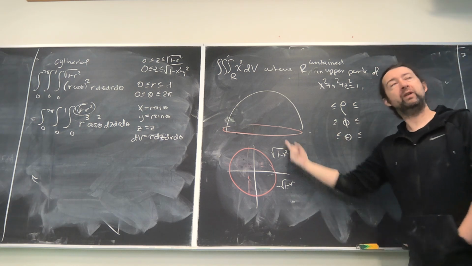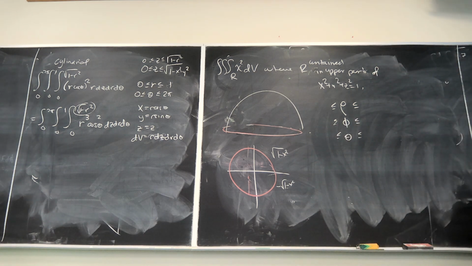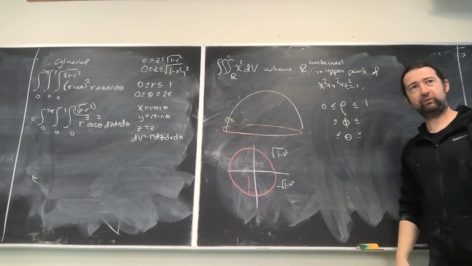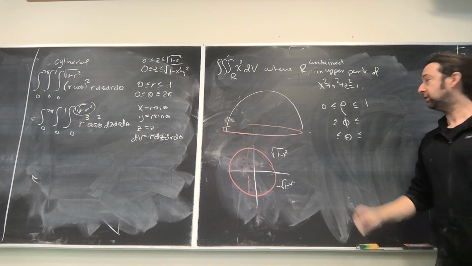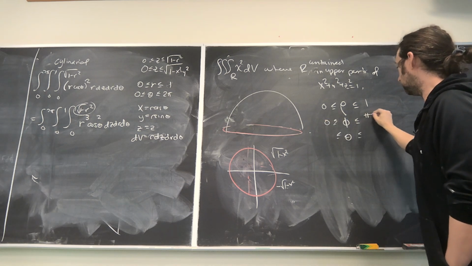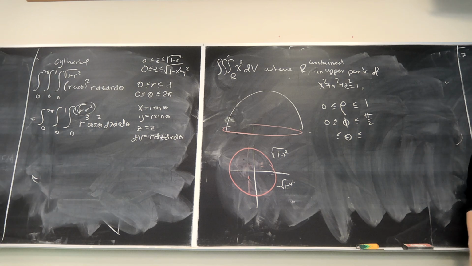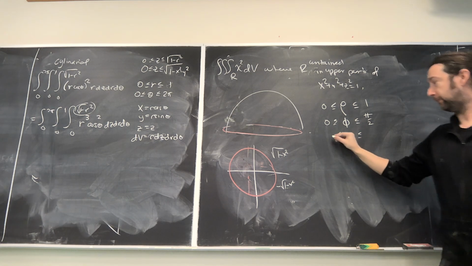Now, because the region we're studying is a part of a sphere, we should probably imagine that we're going to get constants out here this time. What should I use? Rho from 0 to 1, so it's your radius 1. Okay. Phi values? 0 to pi over 2. Theta? 0 to 2 pi. Yeah.